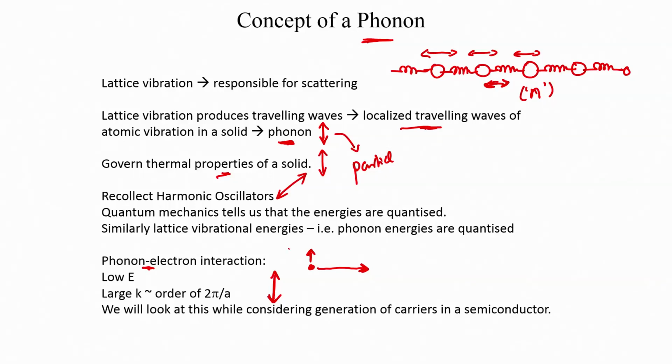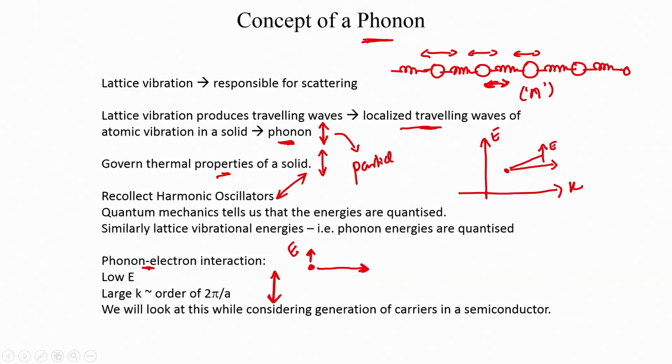In other words, if you think of an E-K diagram, which we have already seen before, an interaction with the phonon has the possibility for the electron to move a large distance in K space, but it does not have the ability to transit much in the E direction.